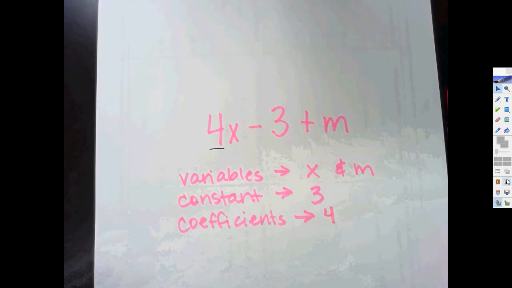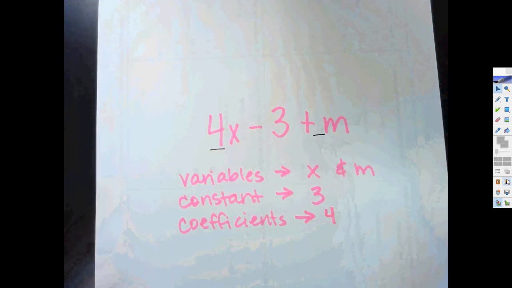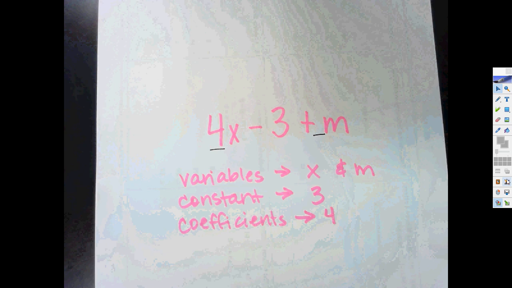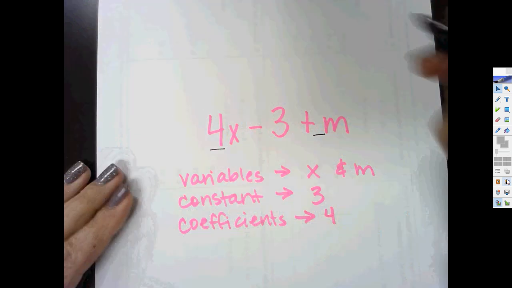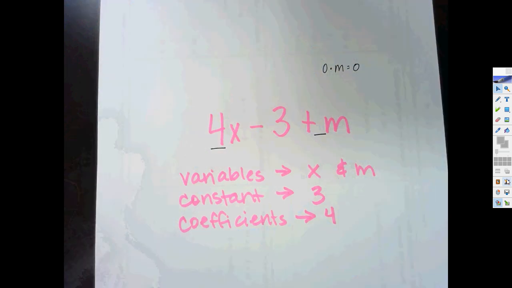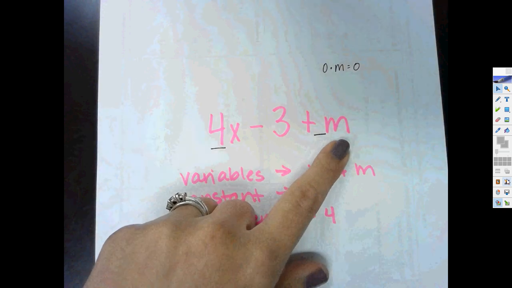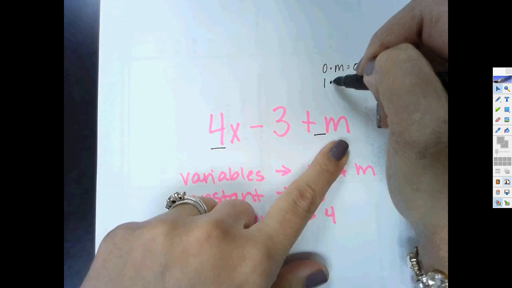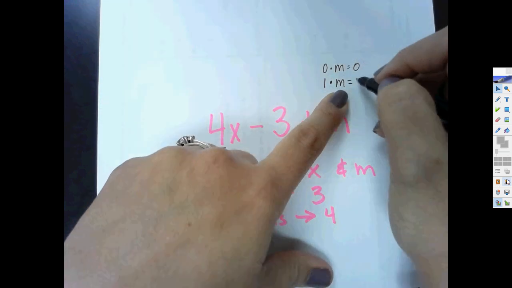Now, we've talked to the kids about this today specifically. In front of this m, the kids like to say there's nothing there. But if there was nothing there and it was a 0, 0 times m would equal 0, not m. So always, if there is a variable by itself, we say there is an invisible 1 there, because 1 times m would just be an m.